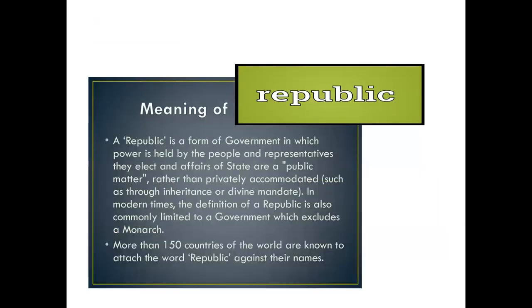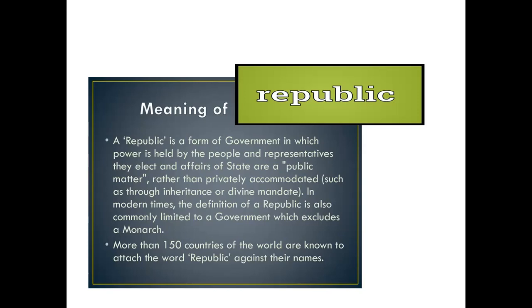Okay, the next word is republic. As we know, we celebrate Republic Day, but most people don't know what a republic is. A republic is a form of government in which power is held by the people and the representatives they elect, and affairs of the state are a public matter rather than privately accommodated, such as through inheritance.